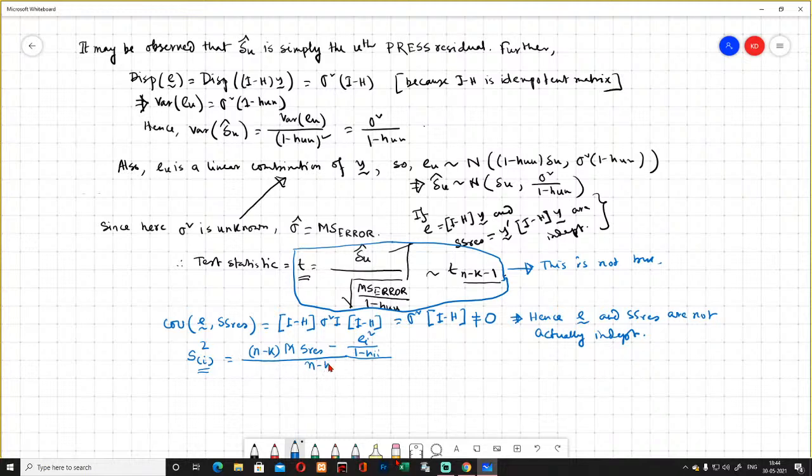So we use this fact, and use this estimate of sigma square.